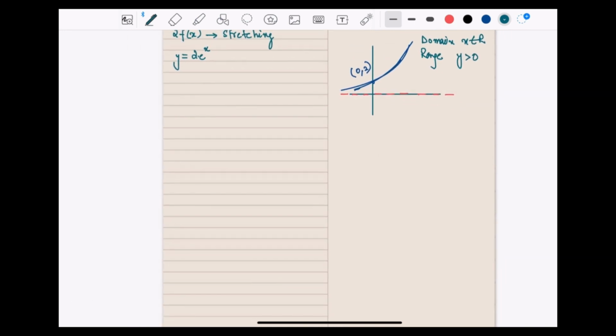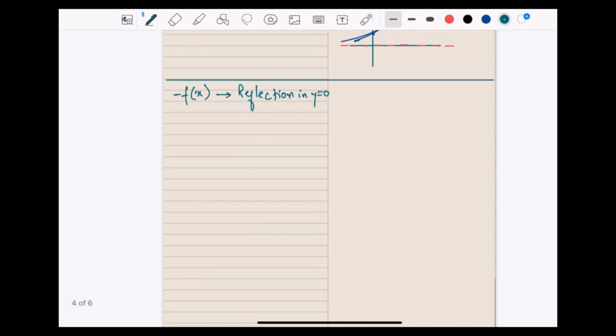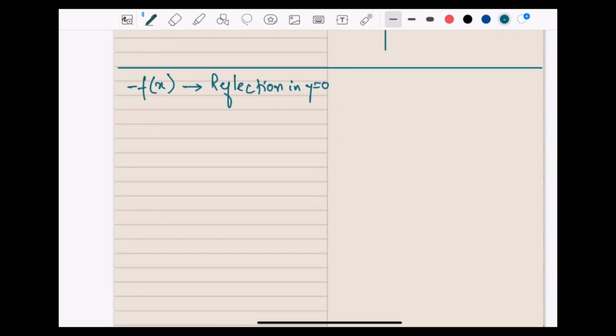Now some other crucial graphs that we need to look into. Minus f of x. This is a reflection in y equals 0, which flips the graph over the x-axis. Now if I convert this into the equation, since f of x was e to the power of x, this will be negative e to the power of x, which is a reflection.